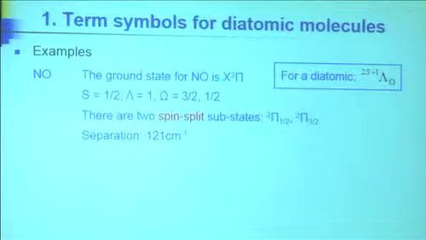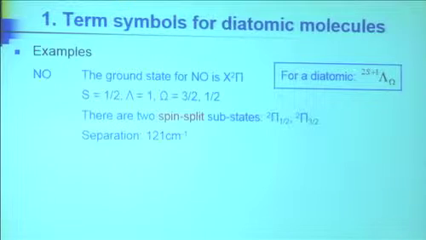So that X tells me something. We're talking about the ground state of NO, not the first excited state or the second. Now, the 2S plus 1 tells you that S is 1/2. The pi tells you that lambda is 1, and therefore omega can be either 3/2 or 1/2.